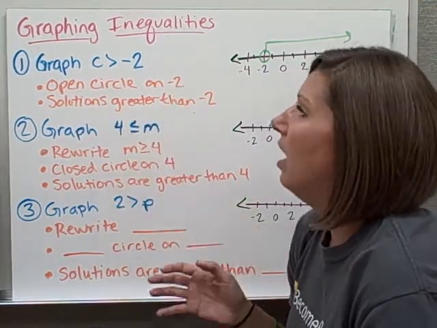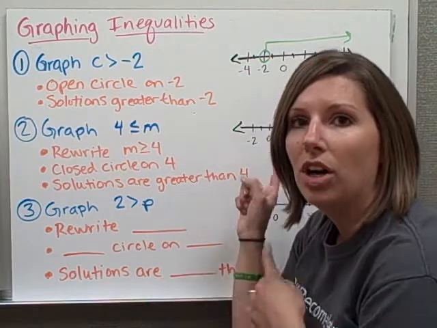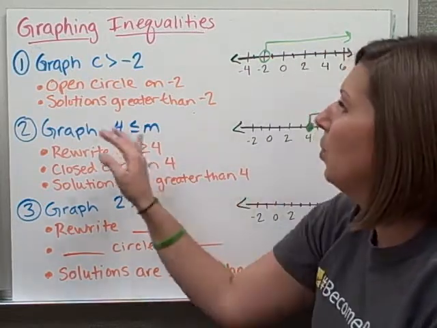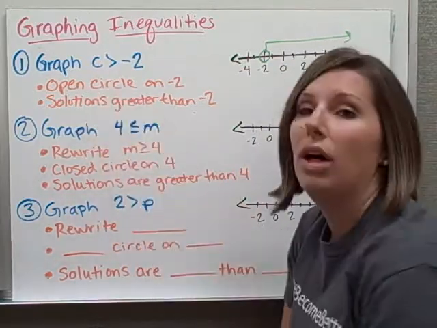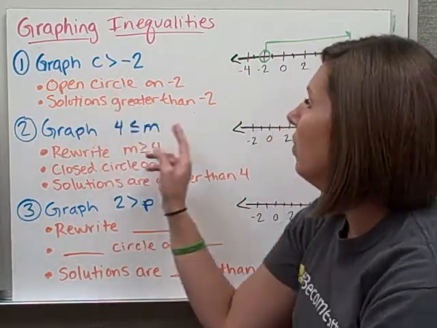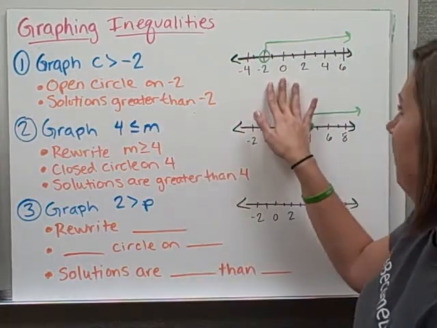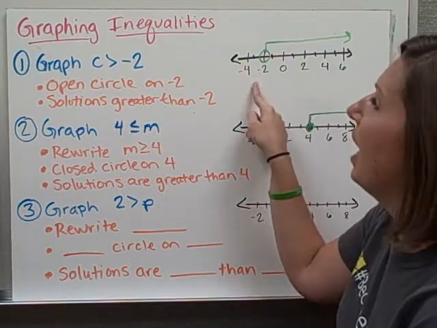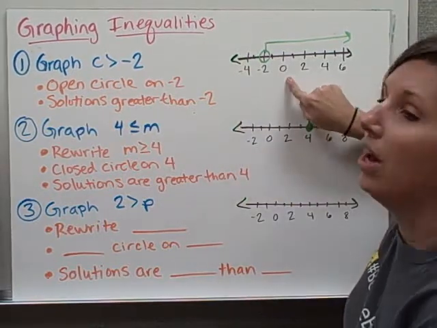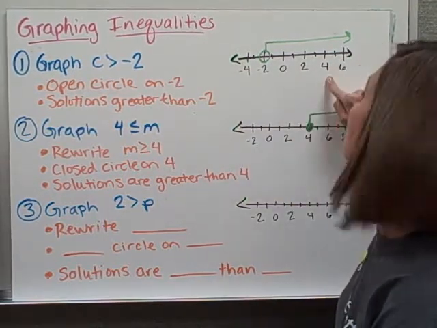And then there's a shading portion of our graph. We are going to shade all the solutions that make this inequality true. So if we look at my number line, I'm counting by 2s. I've got some negative numbers, I've got 0, and I've got some positive numbers.